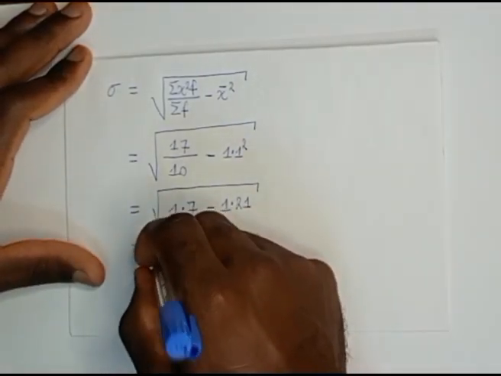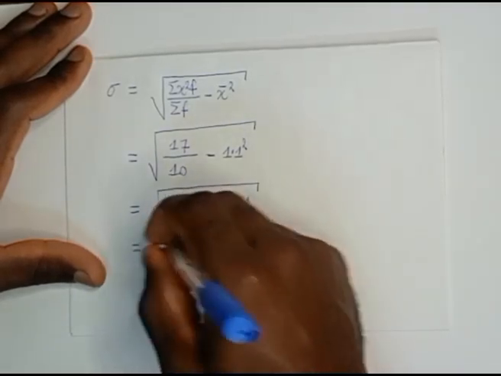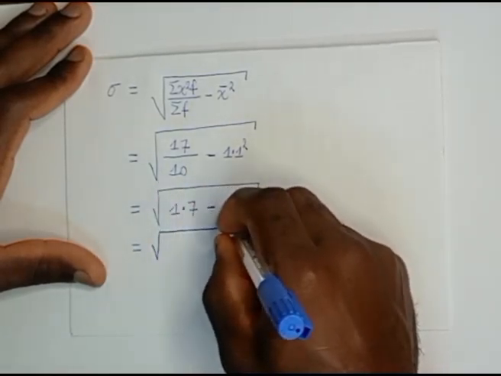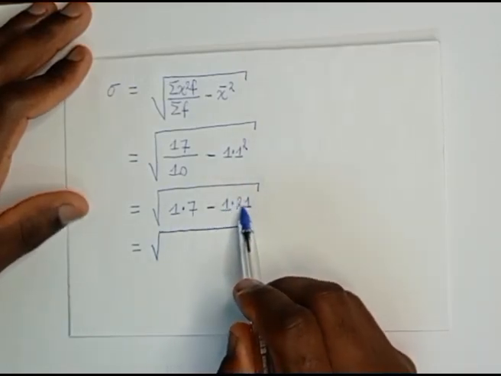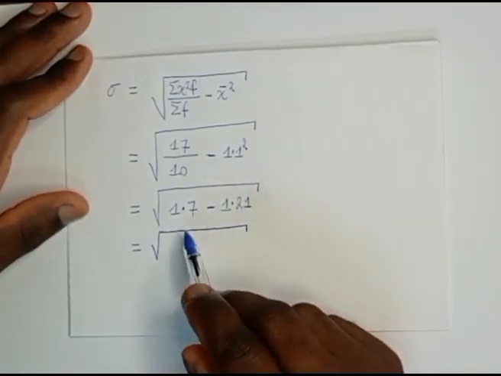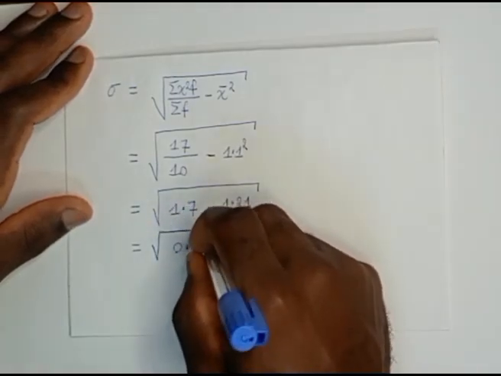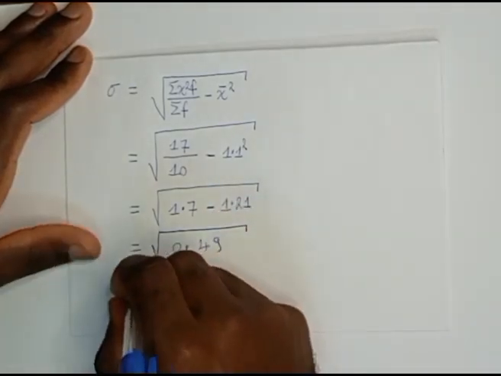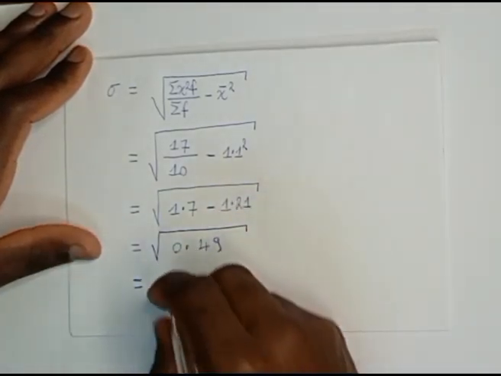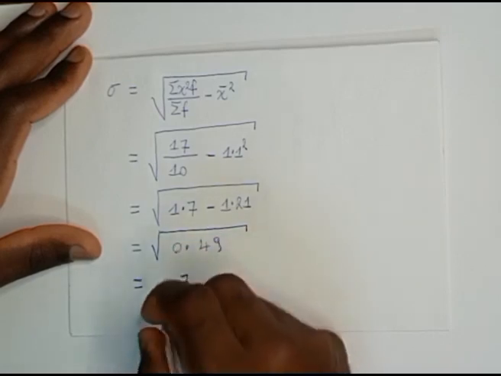This will simply be equal to the square root of 1.7 minus 1.21. This will simply give us 0.49. The square root of 0.49 is simply equal to 0.7.